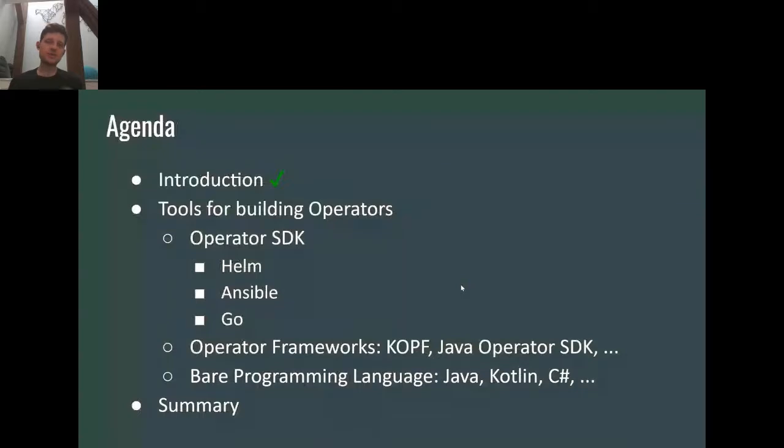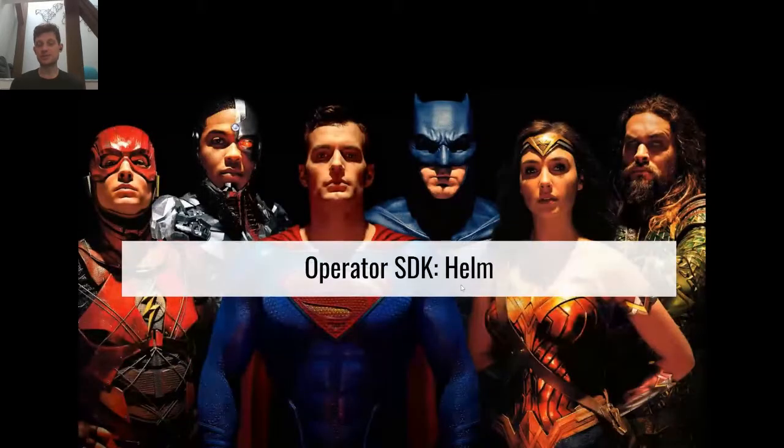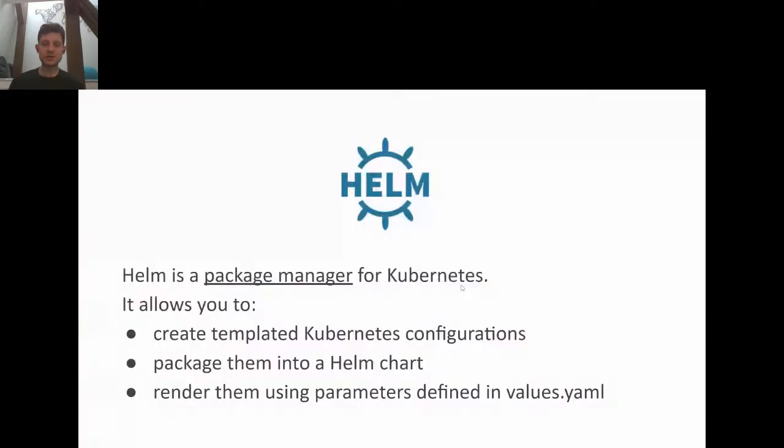So with this knowledge in mind, we can start going to the point. The first option you have, if you would like to build an operator, is to use Helm with Operator SDK. Helm is a package manager for Kubernetes. It allows you to create a set of templated Kubernetes configurations, package them into a Helm chart, and then render them using parameters specified in a values YAML.